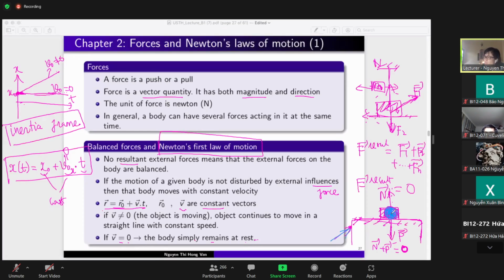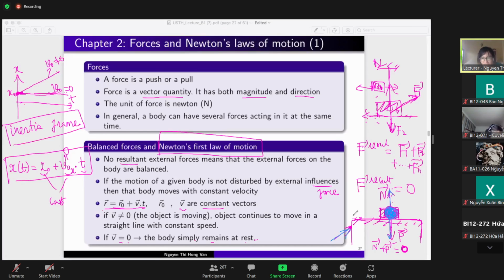I don't act on the ball, I just act on the table. So the force acting on the ball is still the same, and they are balanced. But you push the table and then the ball is moving. It moves.